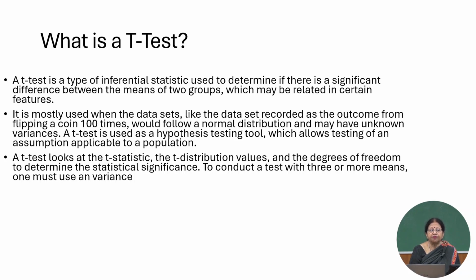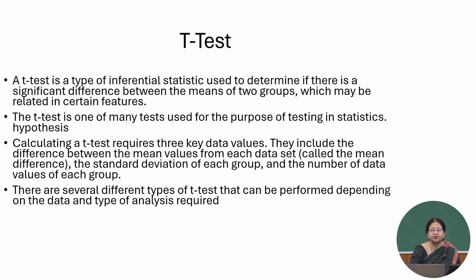And there is also that t-test looks into the t-statistics, the t-distribution values, and the degree of freedom to determine the statistical significance. So it is a completely data science language, but it is still very relevant for a researcher of science in chemistry or in any other subject.